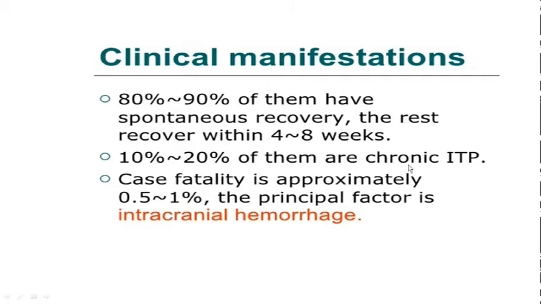Chronic ITP is when the duration is more than 12 months, and they will have symptoms and acute exacerbations all their life, but most of them again have a spontaneous recovery, and the case fatality is very low, the principal reason for that being intracranial hemorrhage.